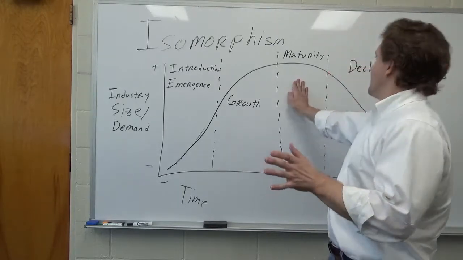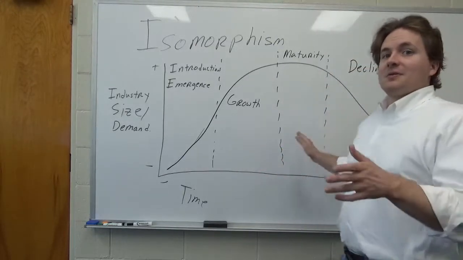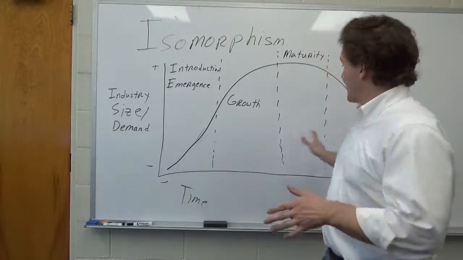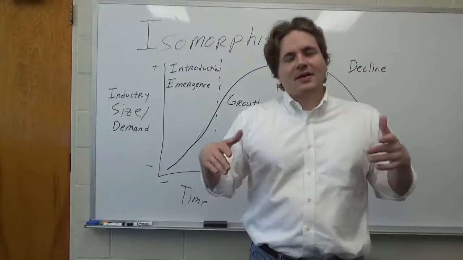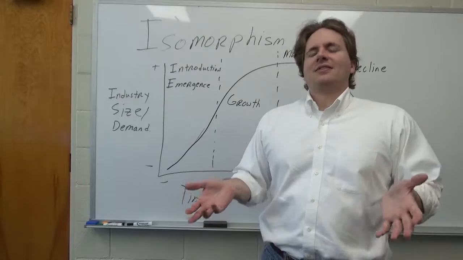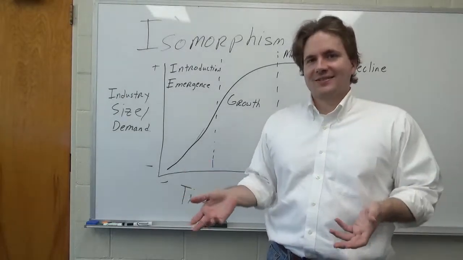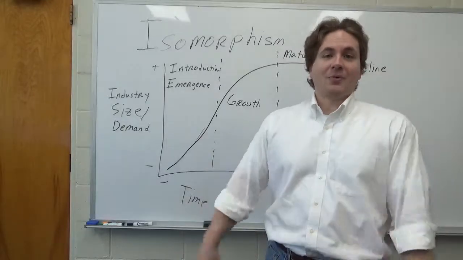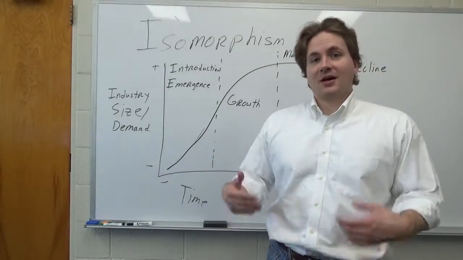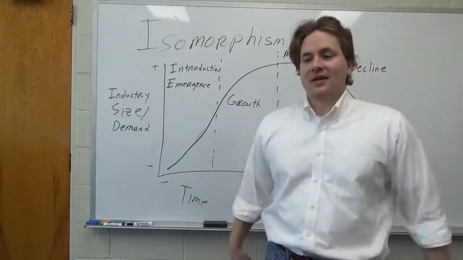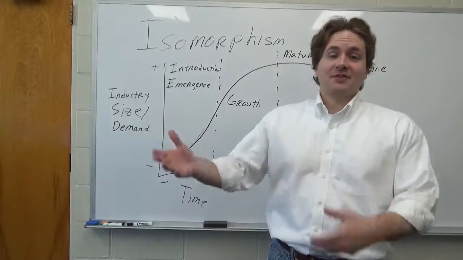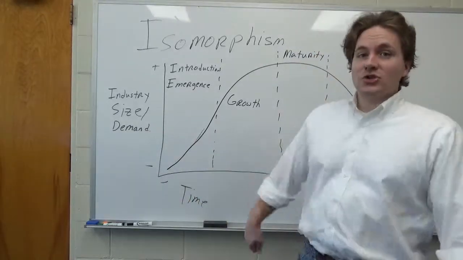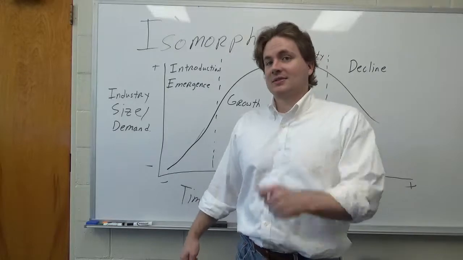And the same in the decline. They're kind of like lemmings when you go into the decline phase. Because so many firms are exiting, like lemmings jumping off, the ones that remain will probably resemble each other much more than some of the ones that have exited, because these are the ones that survived due to best practices.